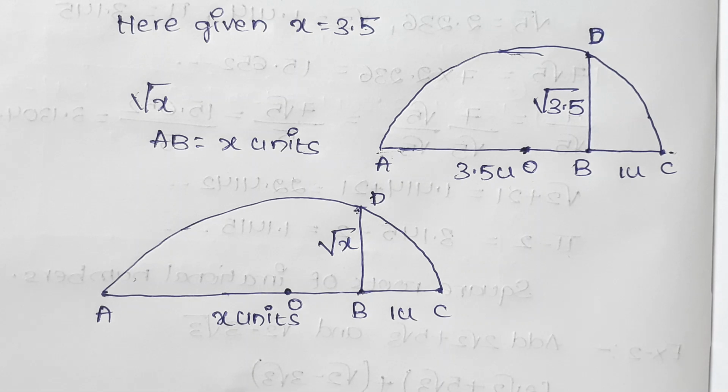In case of finding root x with AB x units, we can find it by using Pythagoras theorem also. Now let us see how to find it by using Pythagoras theorem.